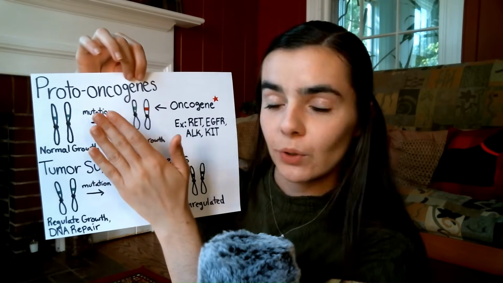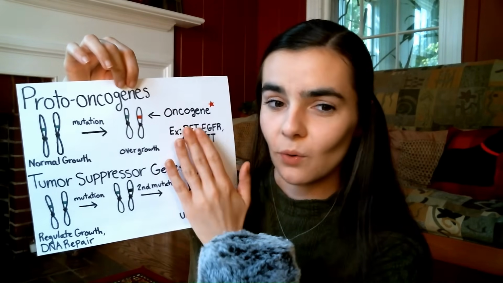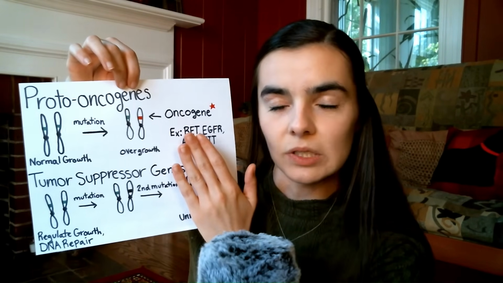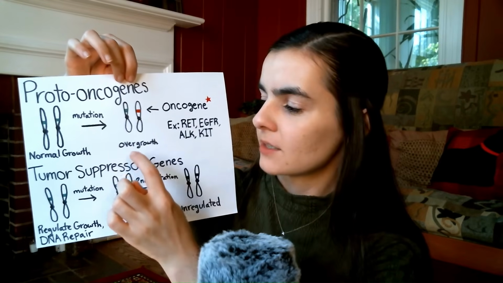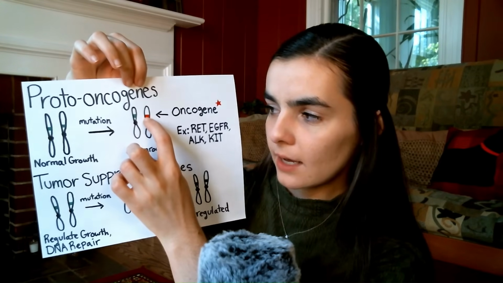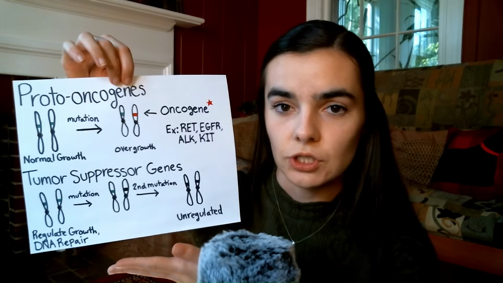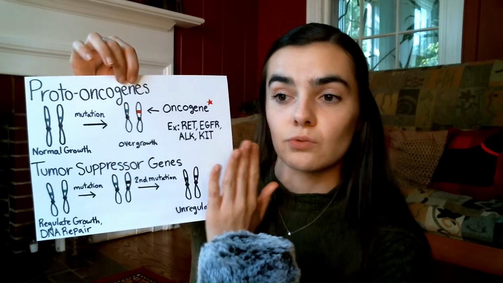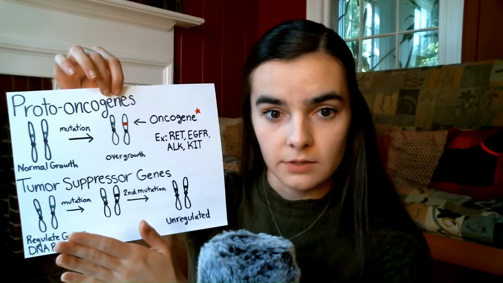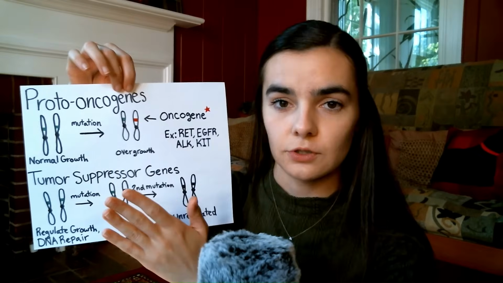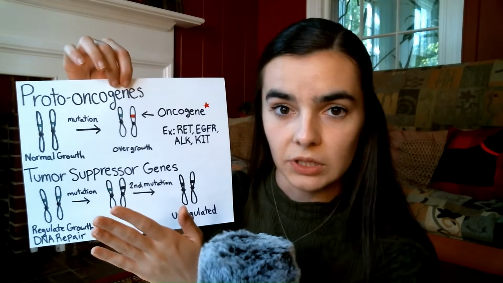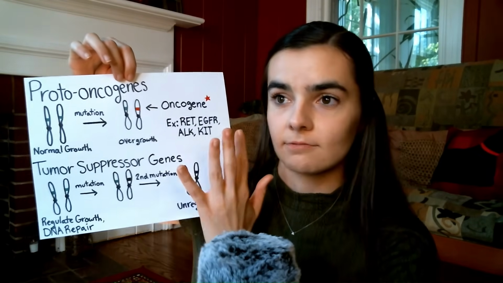Proto-oncogenes are normal. We don't want oncogenes to be functioning. If we get a mutation in one of those genes, that drives cancer cells. It drives cells to uncontrollably divide and not look back.